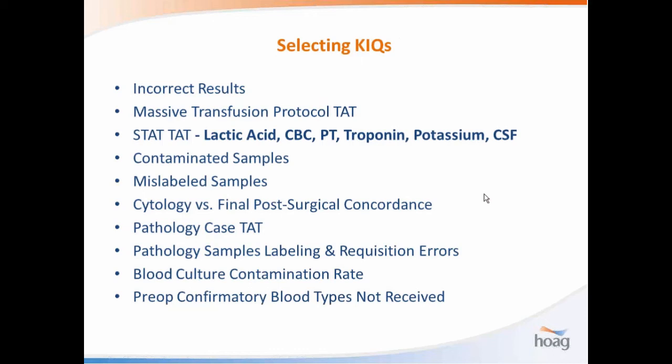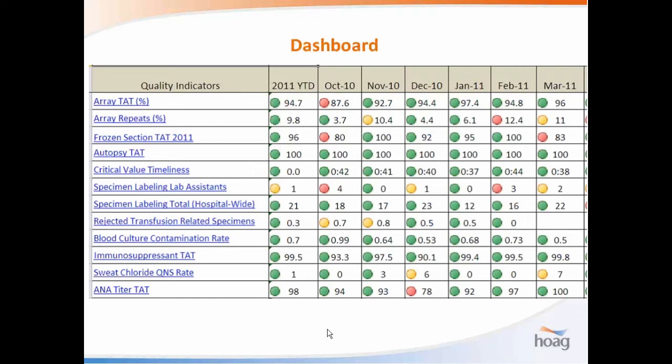Contaminated mislabeled samples, cytology versus post-surgical concordance, pathology case turnaround times, pathology sample labeling and requisition errors, blood culture contamination rates, and confirmatory blood types that we don't always receive from the pre-op area. So a lot of these came from our KIQ trending data.